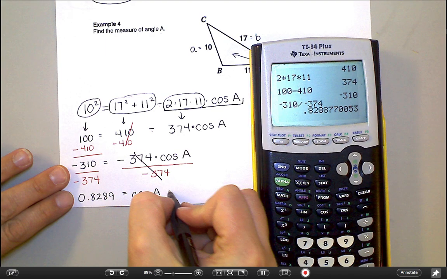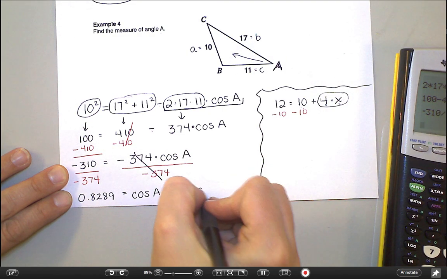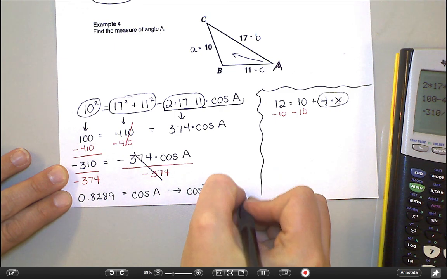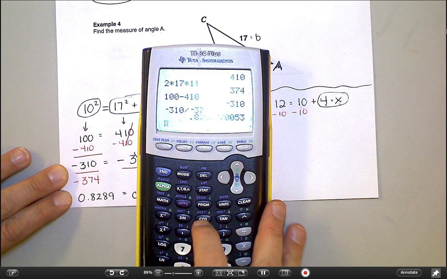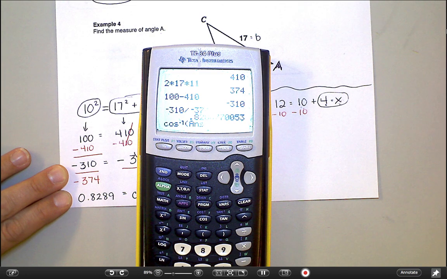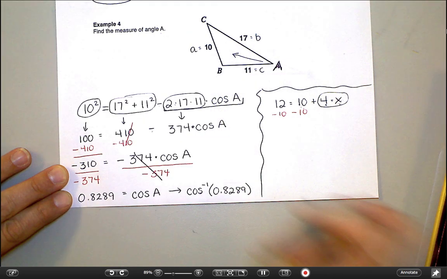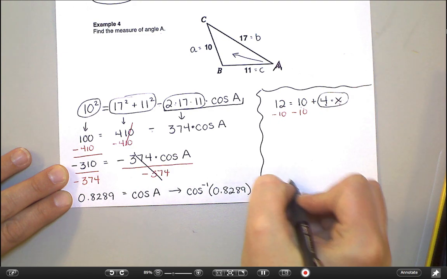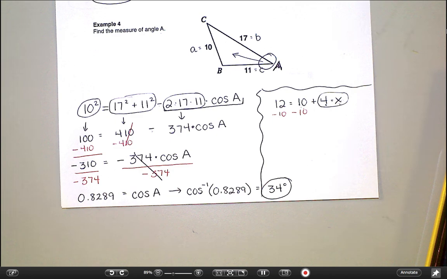And then I'm going to do the inverse cosine of that decimal, 0.8289, because I'm looking for an angle measure. So in my calculator, inverse cosine, second answer, and I end up with 34 degrees. And that would be my angle A up here, which makes sense.